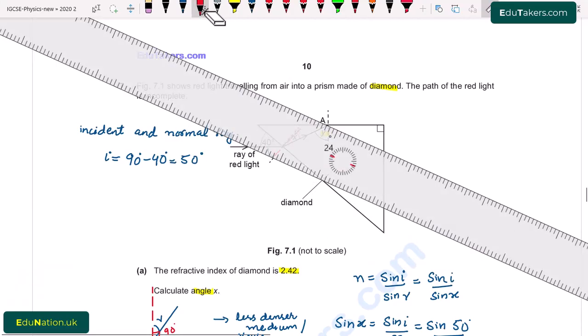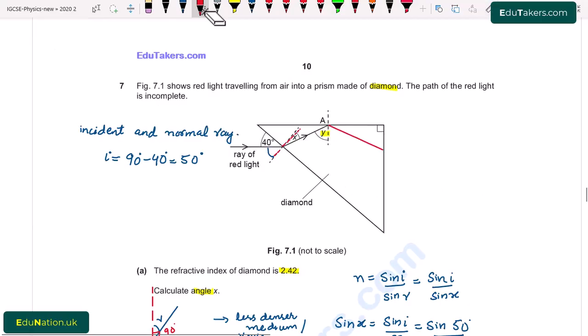So I draw the ray here. It is the path of ray inside the prism. We also have to draw the path out of the prism, and first of all we draw here the normal line.